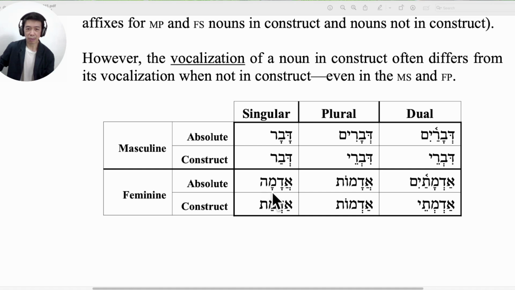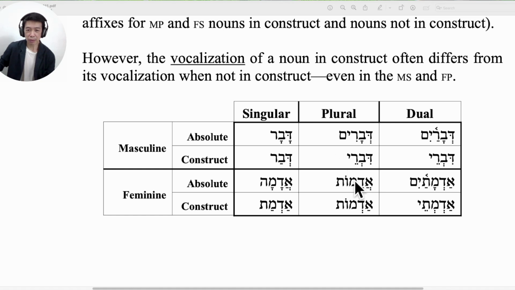For the masculine plural of the word davar, it becomes devarim, and in construct form, it becomes divrei. Notice that in construct form, the mem is dropped.